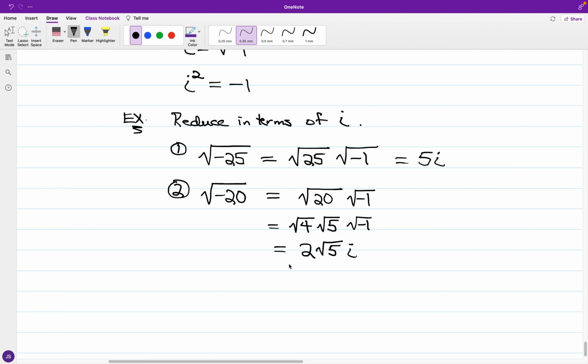And so for the square root of -20, we have 2 times the square root of 5 times i, and some might also write this with the letter i in front of the radical.